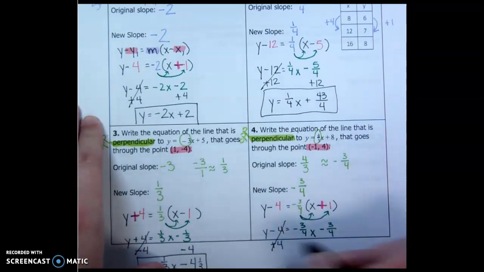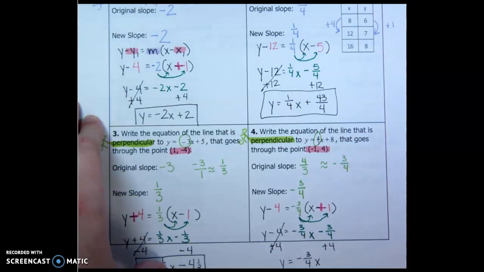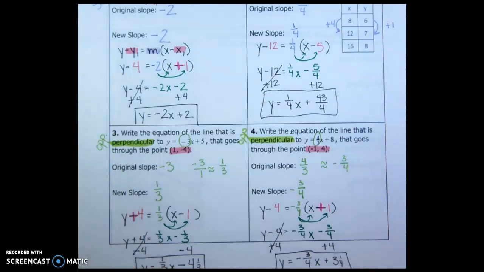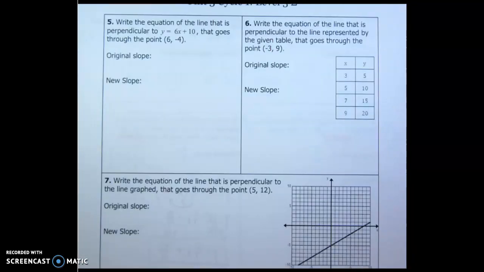Inverse operation. -3/4 plus 4 is +3 1/4. If you left it as an improper fraction, that is also correct. The number 5 through 8 of the Sigma video will be on the following link.